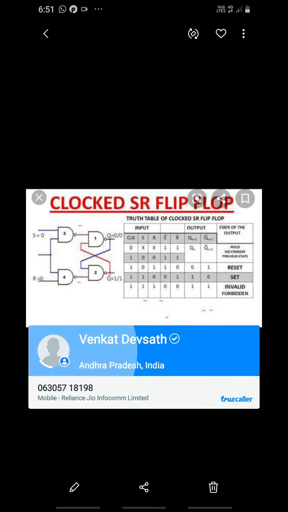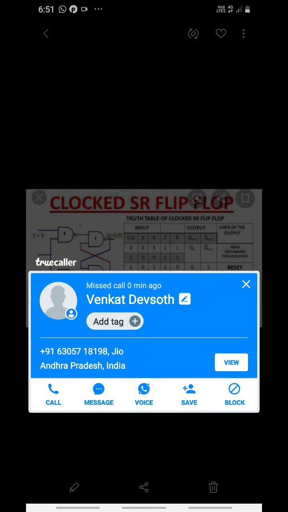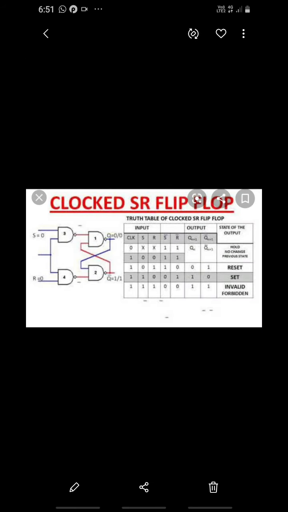NAND gates 3 and 4 are called steering gates or control gates because they are used to drive a NAND latch.